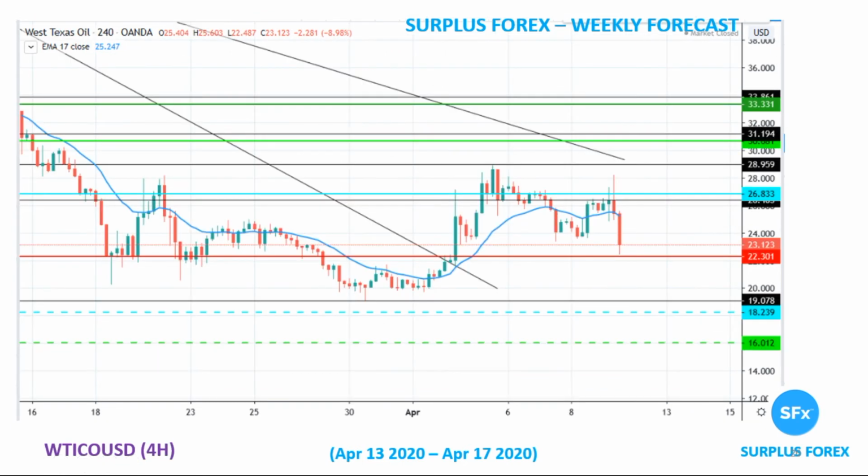Let's see on the 4-hour chart how I'm taking it. If it crosses above 26, I'm making my entry at 26.83, keeping my first target at 30 and second target at 33.33.